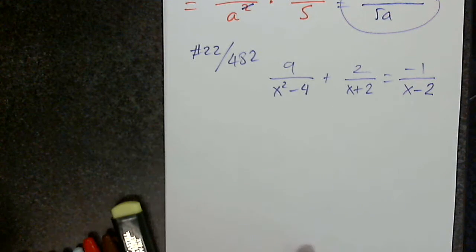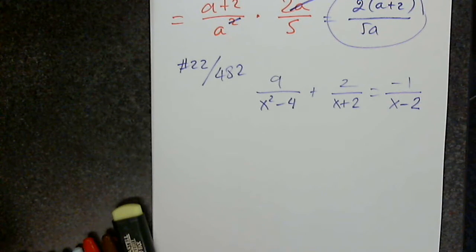Nine over x squared minus 4 plus 2 over x plus 2 equals -1 over x minus 2.